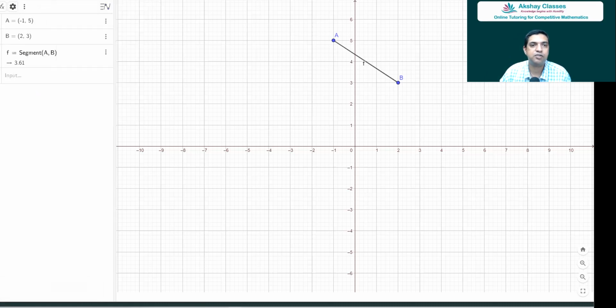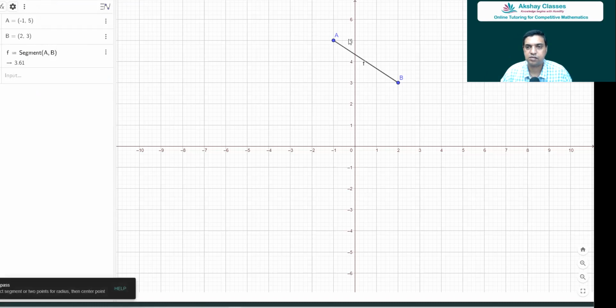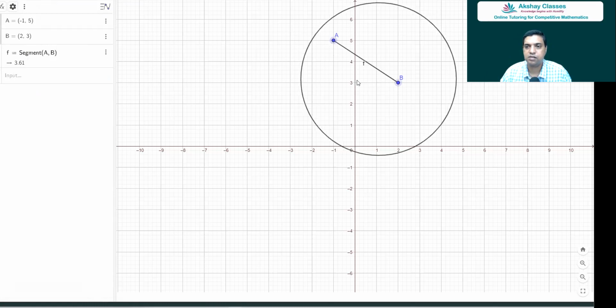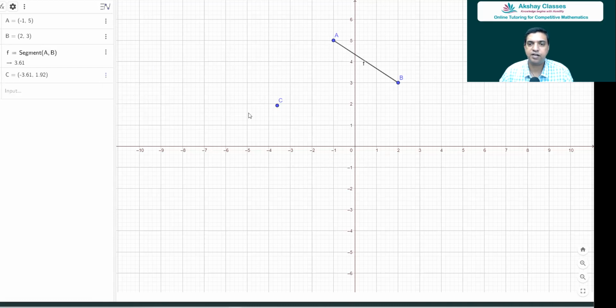Okay, I'll draw a circle only. This doesn't give how to make it with a diameter.